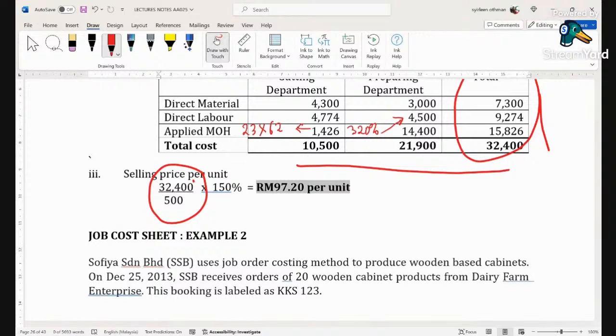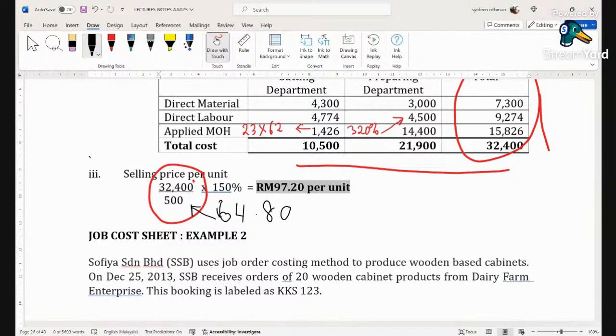Okay, so kalau you bahagi ni, actually kita akan dapat berapa? Kita akan dapat nilai dia 64,000. Okay, 64,000 pula, sorry. RM64, kita akan dapat RM64.80. Okay, ini kalau I bahagi ni, I dapat RM64.80.